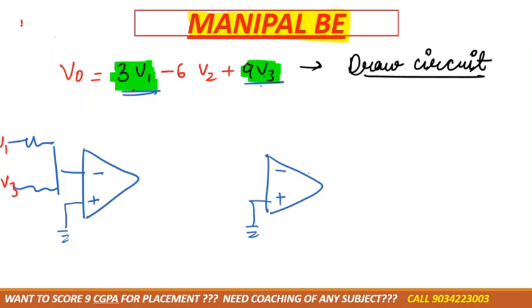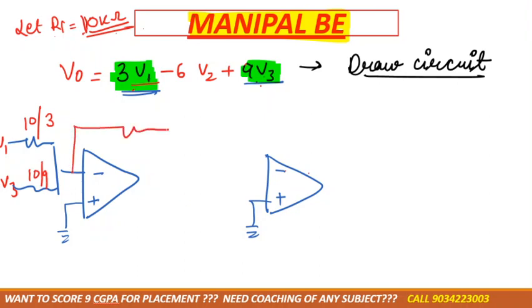What would be the resistance? In these cases we need to assume RF equal to 10 kilo. If they have given it, then it's well and good. If they don't give it, then we need to assume 10 kilo. So for V1 it would be 10 by 3, for V3 10 by 9. Clear?